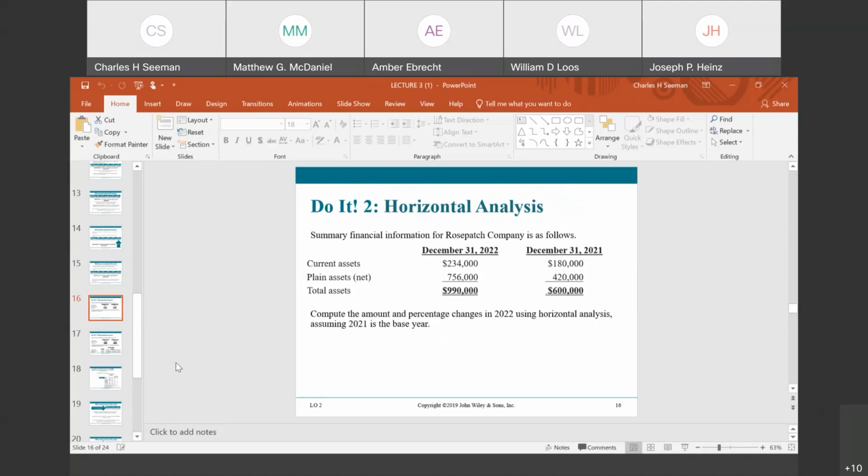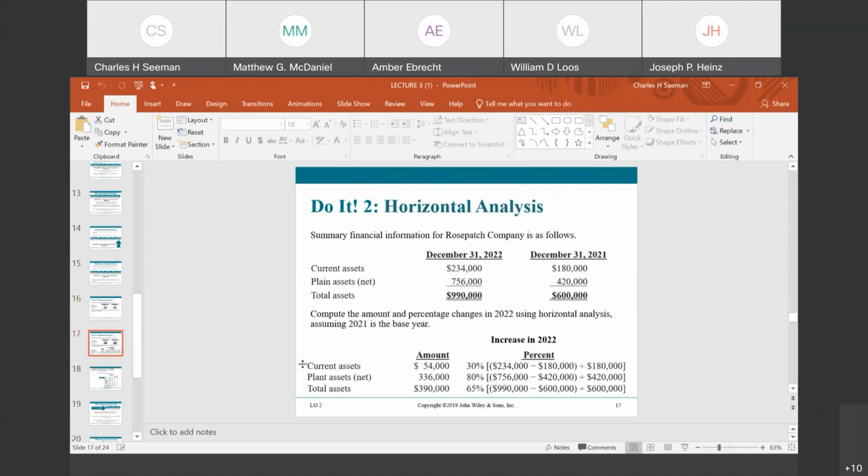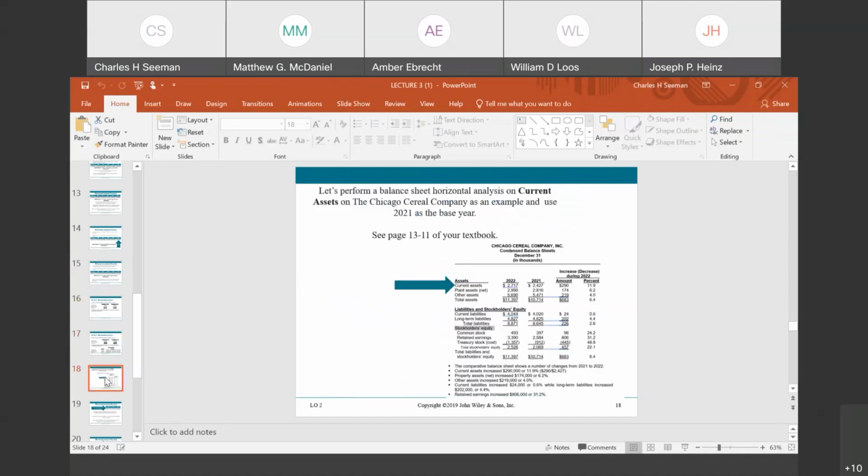One more time. Do it, number 2. Here's the same information again. Here we're doing balance sheet analysis on Chicago Cereal. And it's the same process.